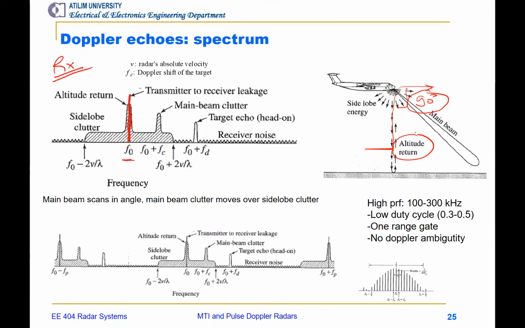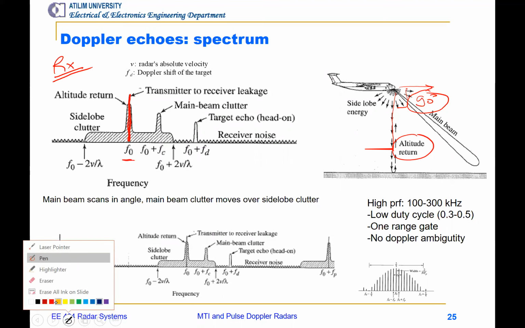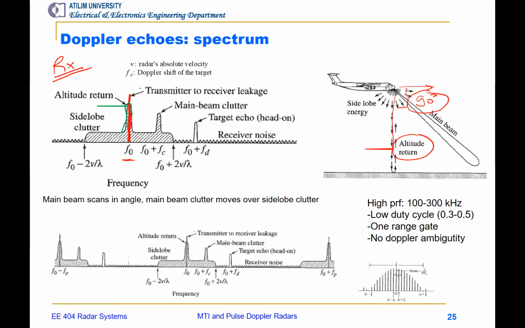Then there's going to be an altitude return, let's say with a different color. Here is the altitude return with no frequency shift.